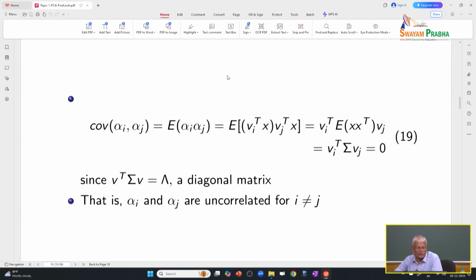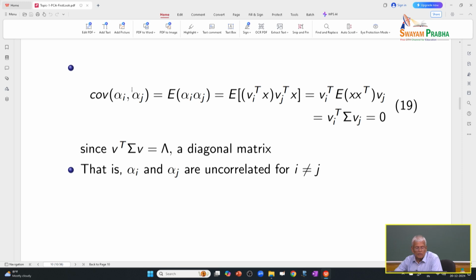Therefore, the covariance of alpha i and alpha j, because they are mean zero, is simply the expected value of alpha i alpha j. I substitute for alpha i, I substitute for alpha j. Vi transpose and Vj come out. So this is sigma. Now think about this. V transpose sigma V is lambda.